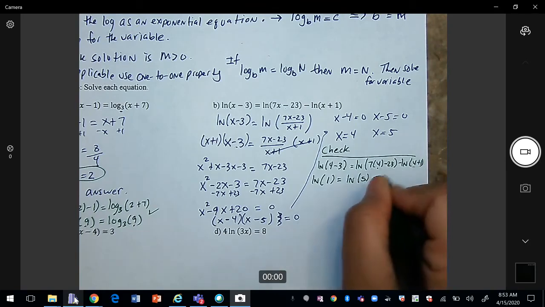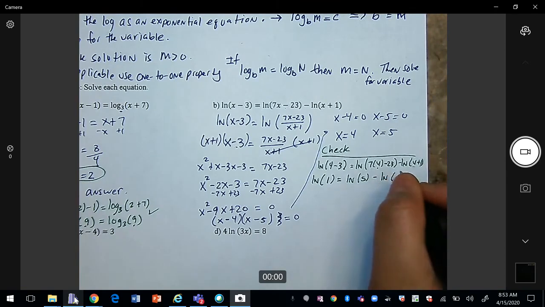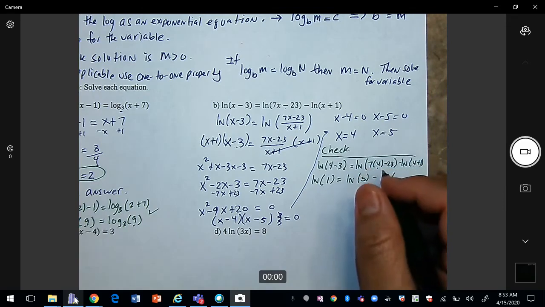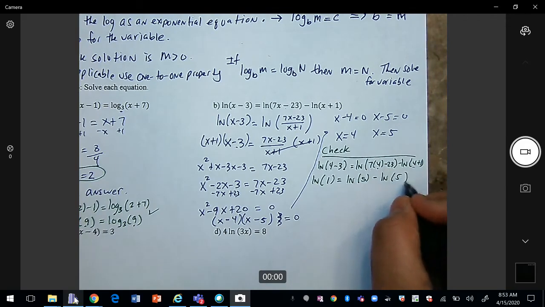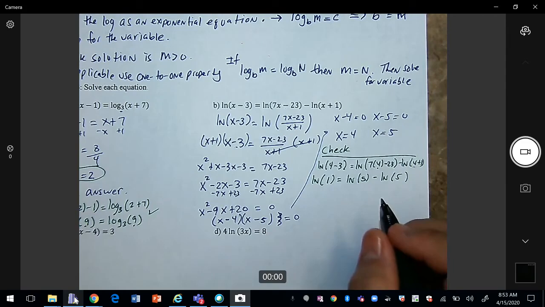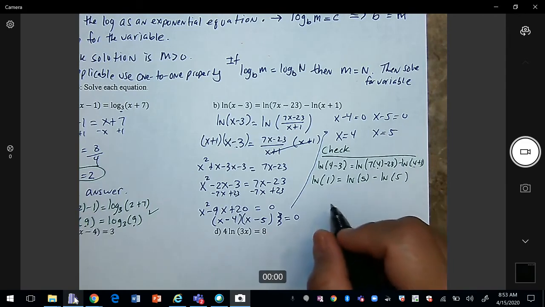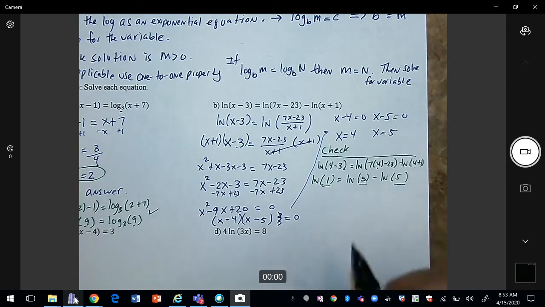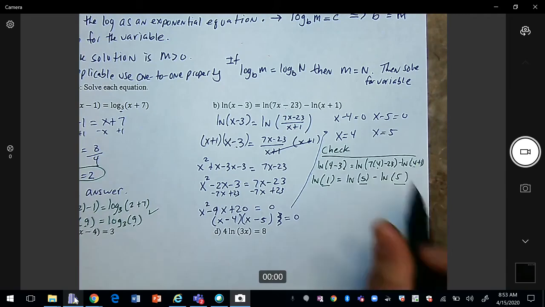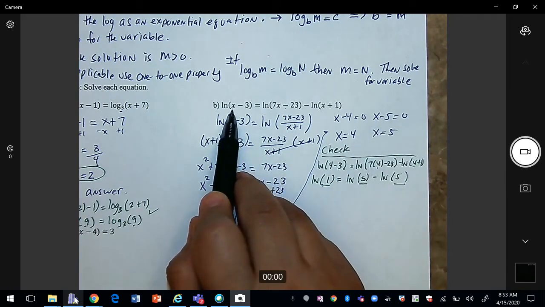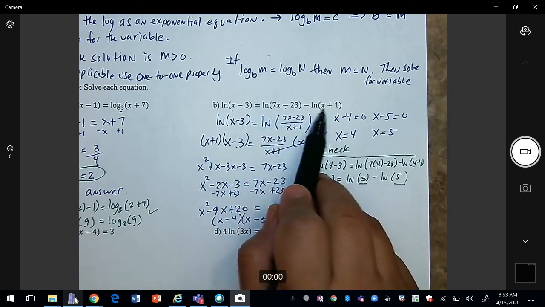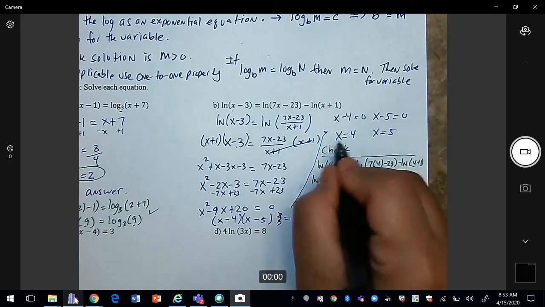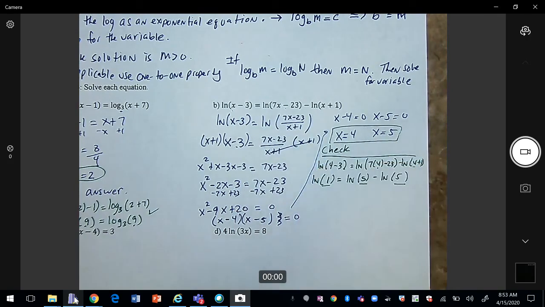And 4 plus 1 is 5. So they're all positive, so that's okay. And then for 5, if we plug in 5, 5 minus 3 is 2, which is positive. 7 times 5 is 35 minus 23, that's going to be positive. And 5 plus 1 is 6, which will make it positive. So both of these are going to be our solutions.